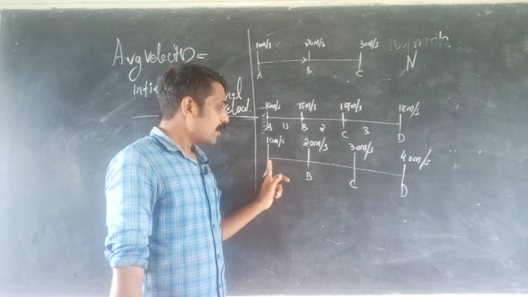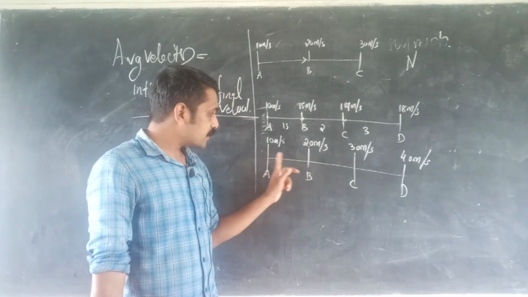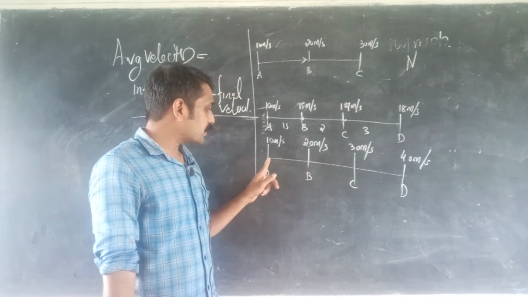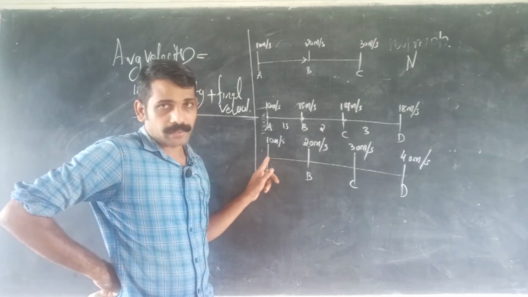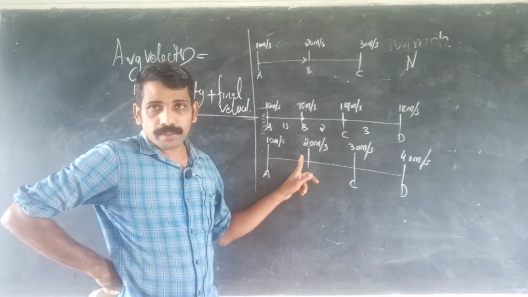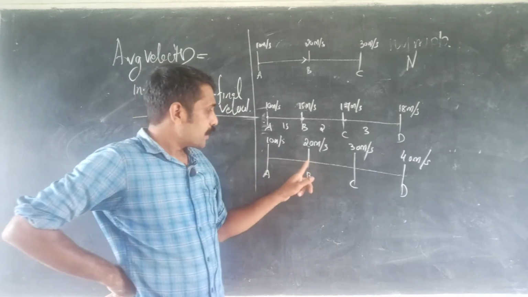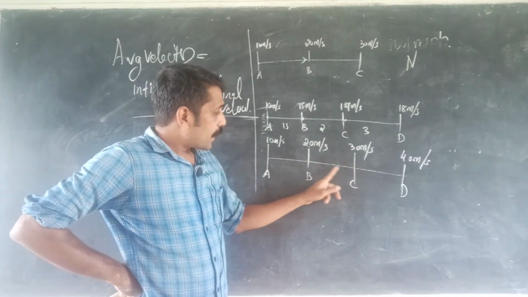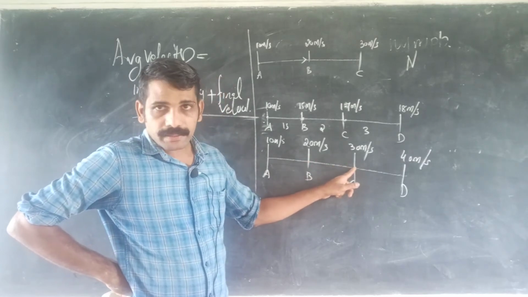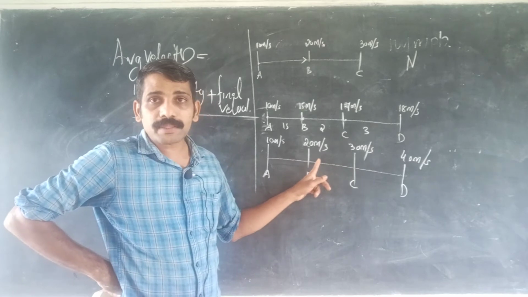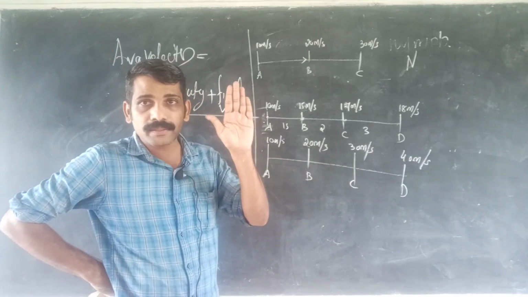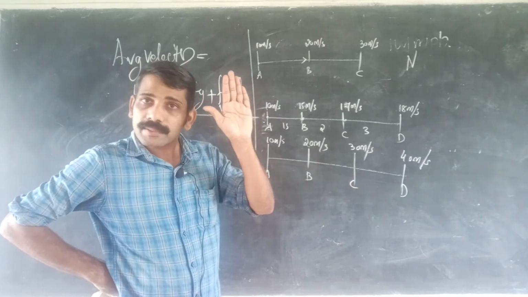Here the velocity is changed at a uniform rate. At A the velocity is 10. At B the velocity is 20, so the velocity change is 10. At C the velocity is 30, so from B to C the change is 20 to 30, that is 10.